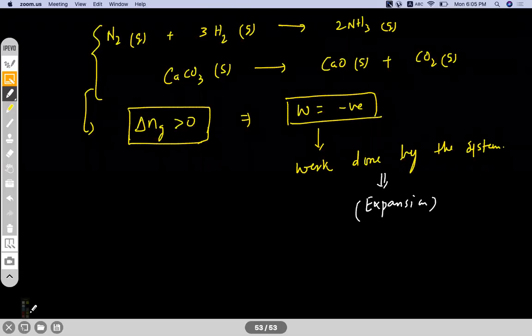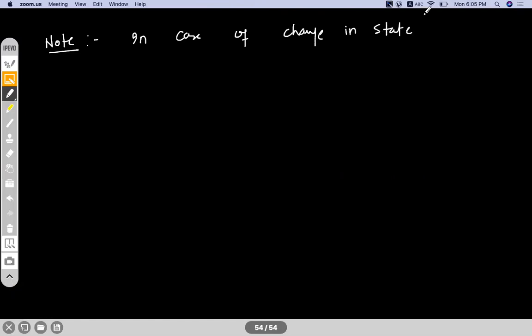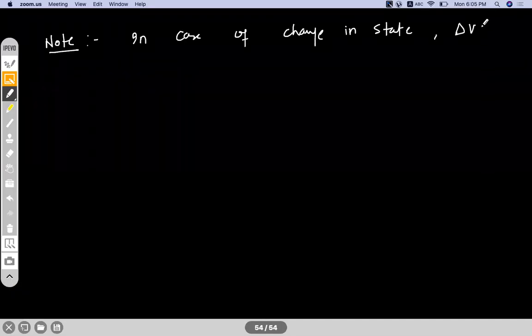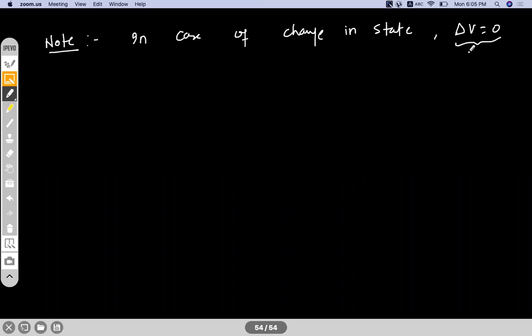One note you write down: in case of change in state, the change in volume delta V is almost zero. There is no change in volume when there is a state change.